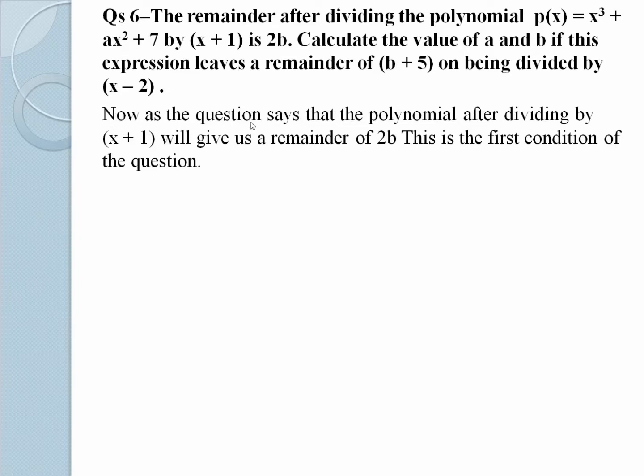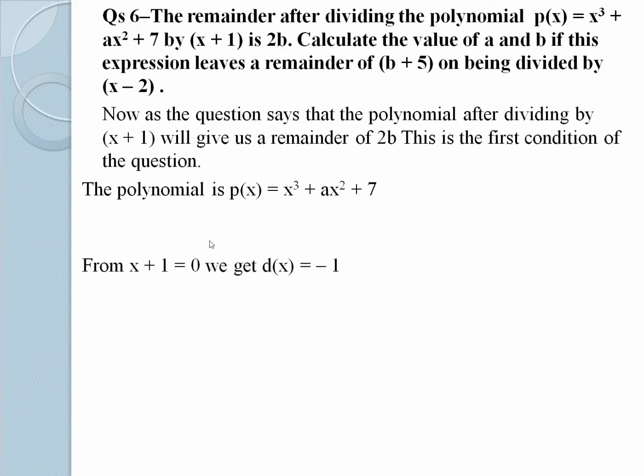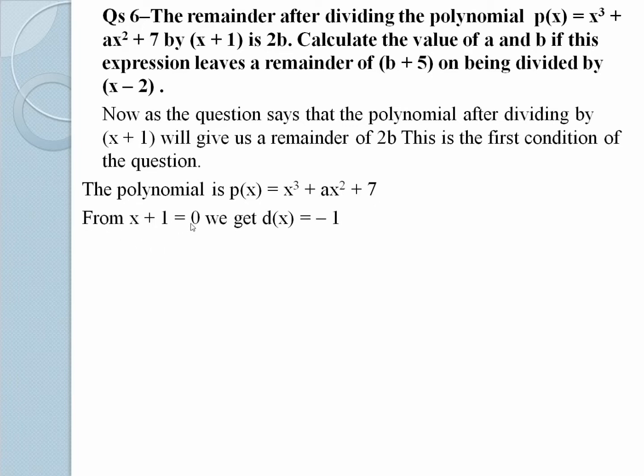Now as the question says, the polynomial after dividing by x plus 1 will give us a remainder of 2b. This is the first condition of the question. The polynomial is p of x equal x cube plus ax square plus 7. From x plus 1 equal to 0, we get x equal minus 1.